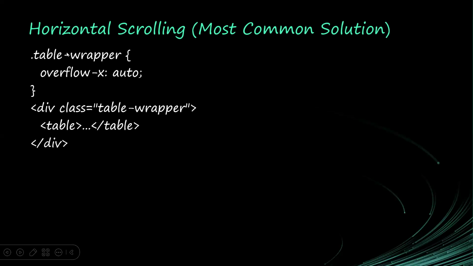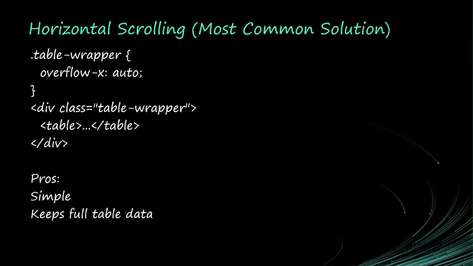With this CSS class selector, we are saying overflow-x is auto. You might not understand what this means now because we've not done CSS, but if the table goes to a smaller screen, the overflow would be automatic and the browser would make it work. It is simple, it keeps the full table, and it is best for large data sets.